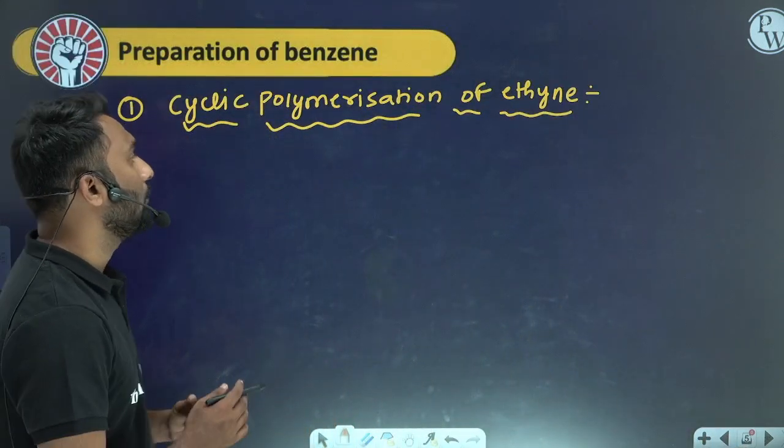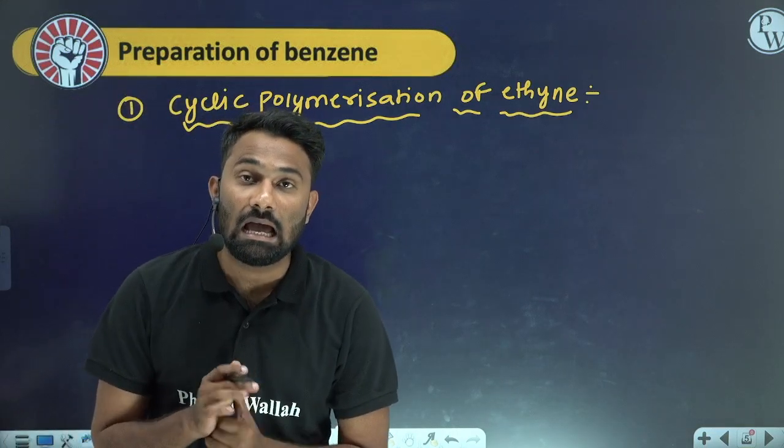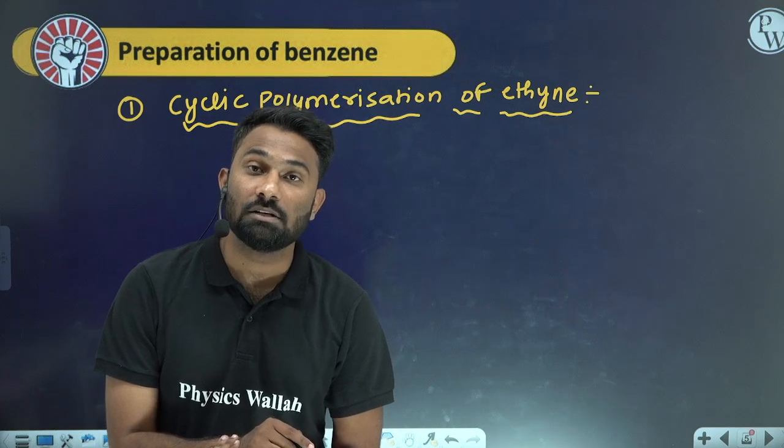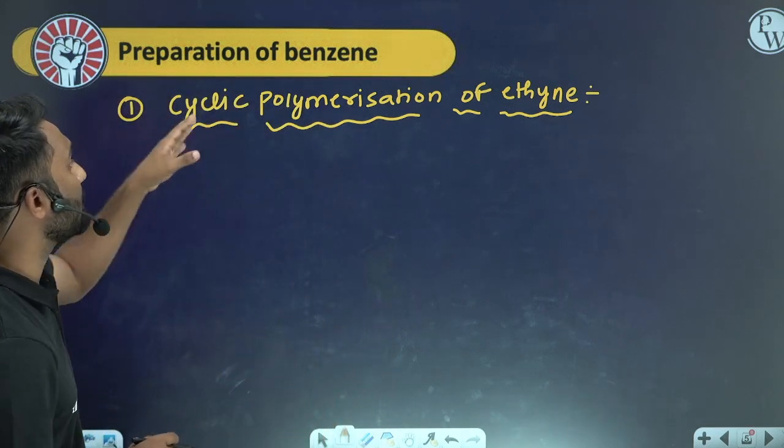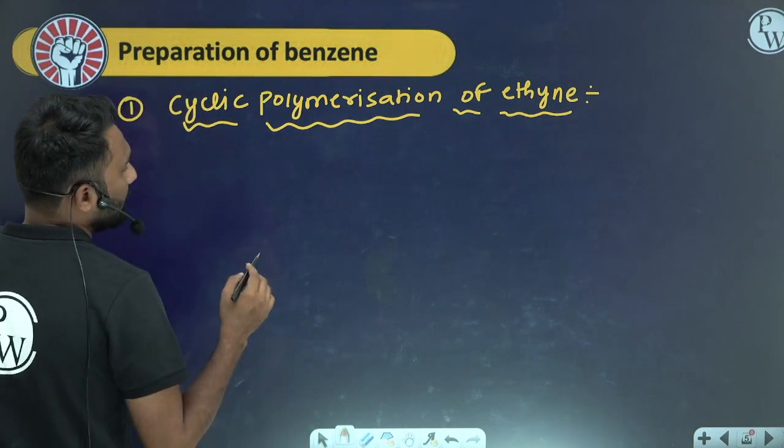Preparations of benzene. In the last class, in the alkynes chapter, what did we see? Cyclic polymerization of ethyne.